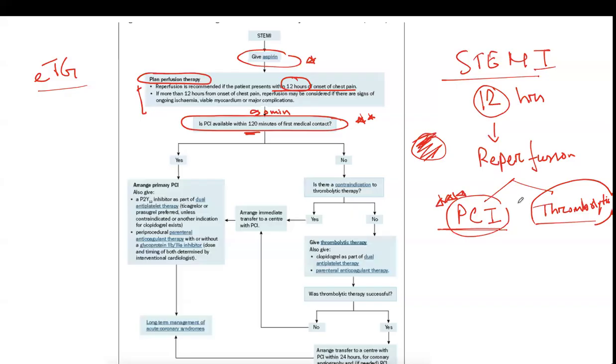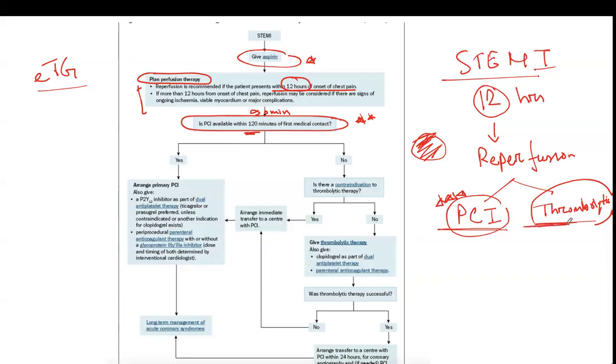If you can't, let's say it is a rural hospital, and rural hospital doesn't have PCI, and the tertiary hospital is more than 2 hours away. So in that case, you would not wait for the transfer. You will just go for the alternative, which is thrombolytic.